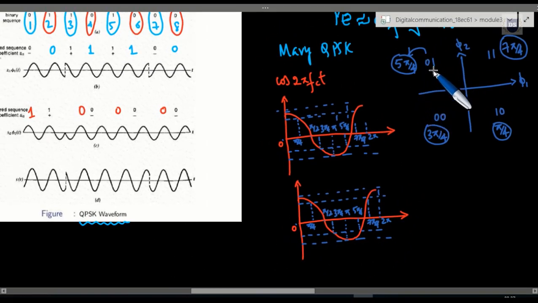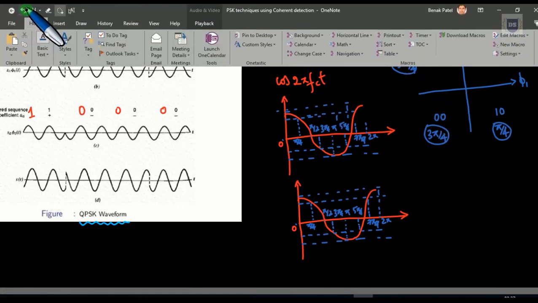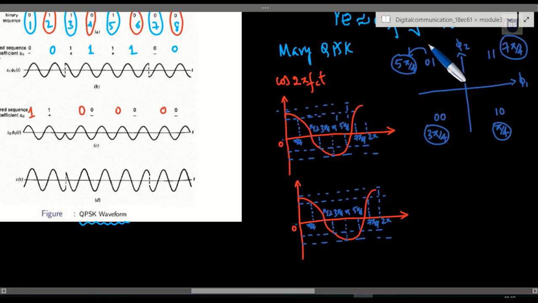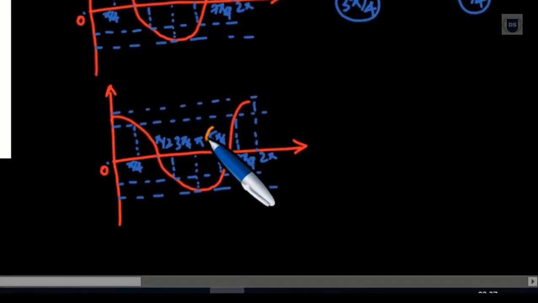So for input message, or for diabit equal to 0 1, we got to make use of a cosine waveform, that which is associated with phase value 5 pi by 4. So 5 pi by 4 is somewhere over here. So right now the signal leads.